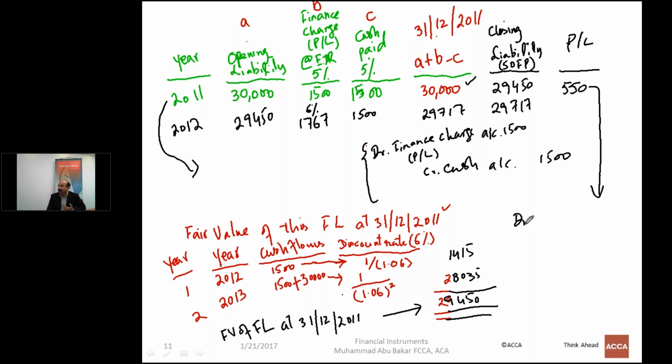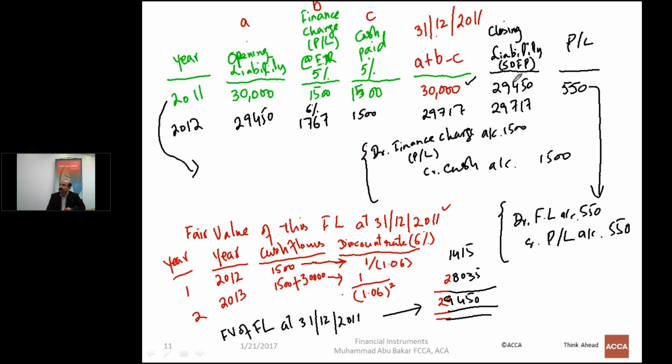So the entry will be debit financial liability with 550 and credit profit and loss account 550. So this will be the entry related to the gain or loss at the end of 2011.